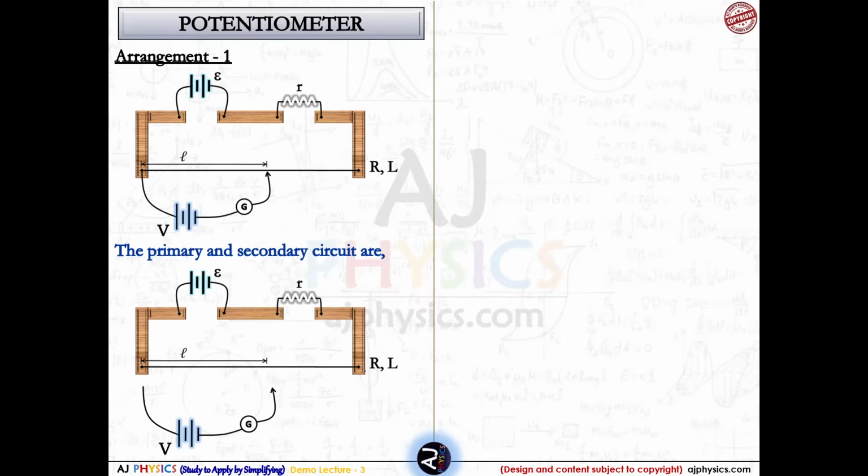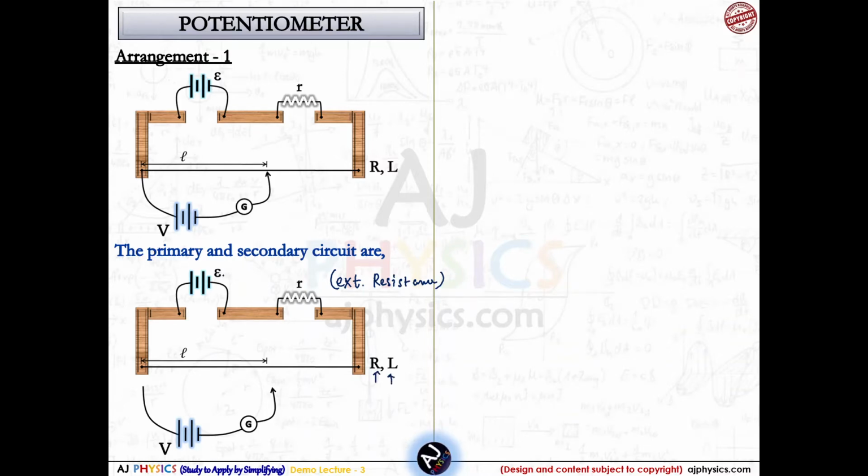Now the resistance R, this is not the internal resistance. Keep in mind, this is the external resistance. This R is the resistance of the wire and L is the length of the wire.